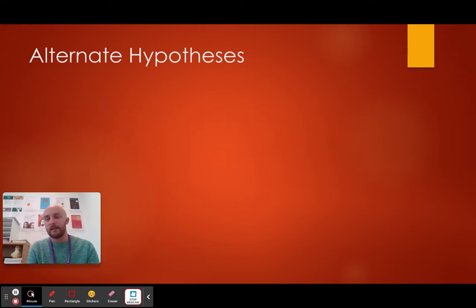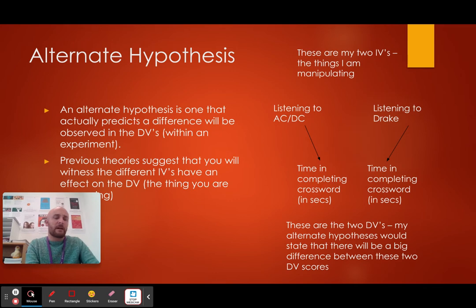So if we go back here, for example, I want you to imagine, just theoretically, that I have got previous research that suggests that listening to rock improves cognitive functioning. There's previous findings that show that listening to rock, as in this case AC/DC, has an impact on cognitive functioning.